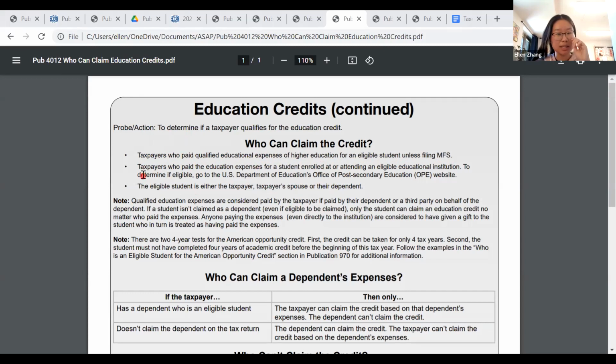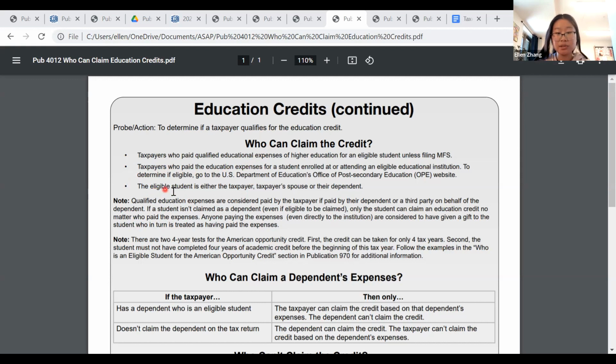Second bullet point is taxpayers who paid the education expense for a student enrolled or attending an eligible education institution, which is basically the same as the first bullet point. Again, the example I used earlier, if your parents claim you as a dependent and they pay for your expenses, they can claim the credit.